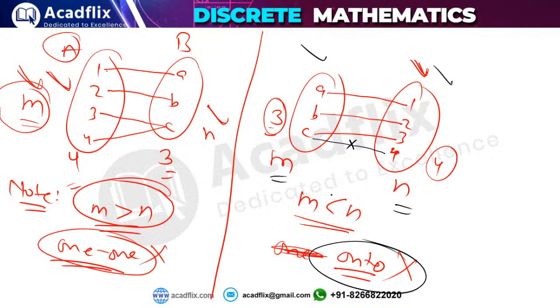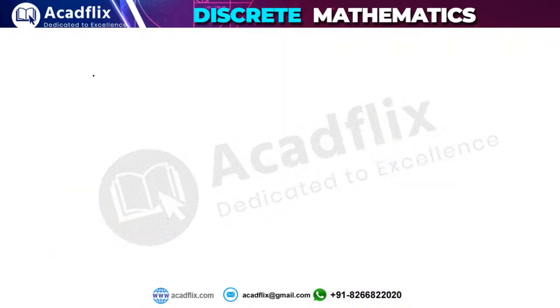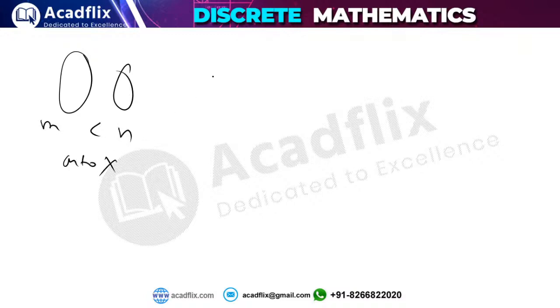So we have seen two things. If the domain has less cardinality than the codomain, then an onto function is not possible. If the domain has more cardinality than the codomain, then a 1-1 function is not possible.